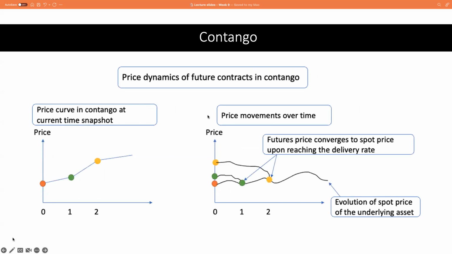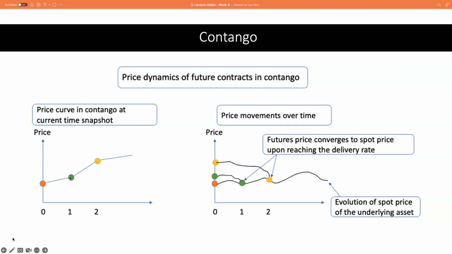So first on contango, this describes the price dynamics of the futures contract in contango. We have two graphs here. On the left, we have a graph of the current time snapshot, which is the current time point, and different dots represent different futures contracts. They are different because they have different maturities. So this is the price of the futures contract at this maturity.